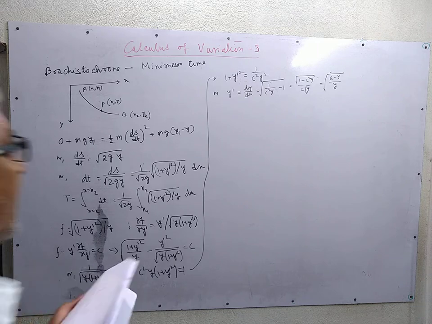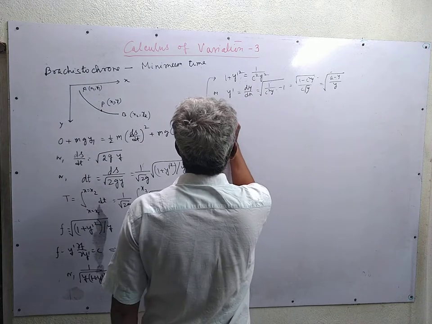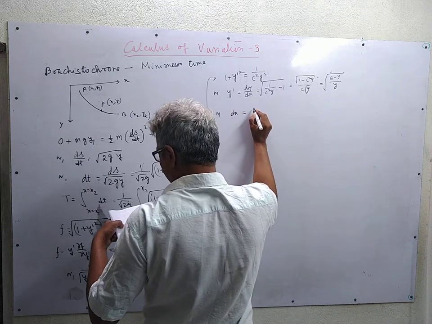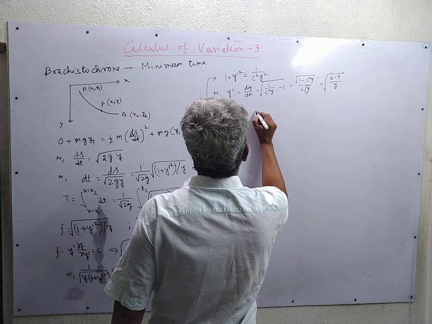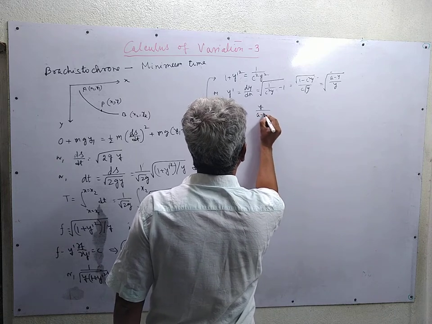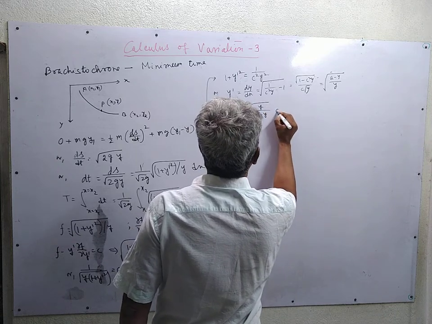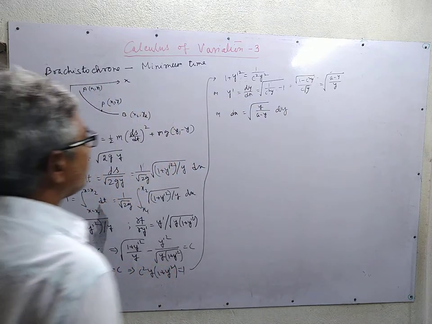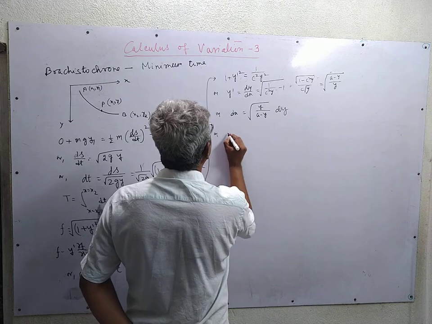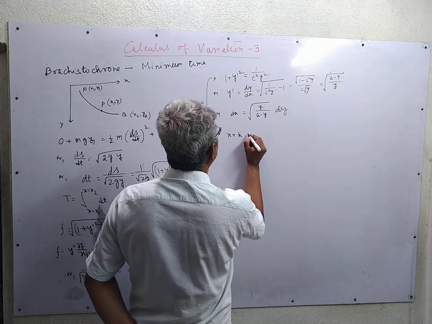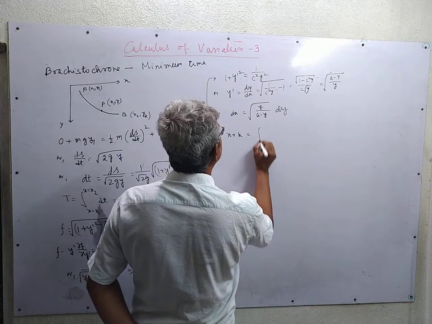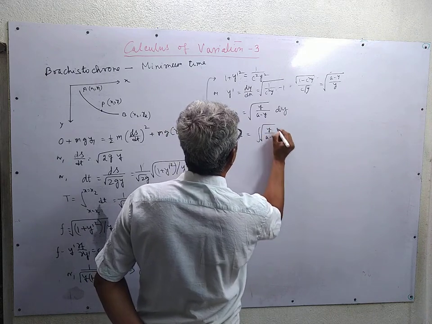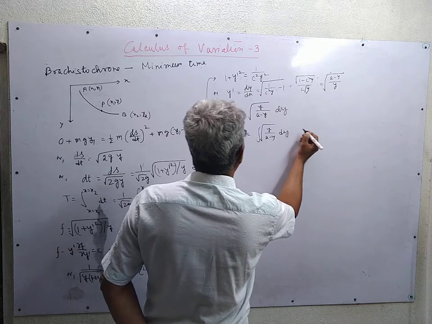This is the form of the differential equation. We write it as dx is equal to root of y by a minus y dy. And if we integrate it, we get x plus k is equal to the integration of root of y by a minus y dy.